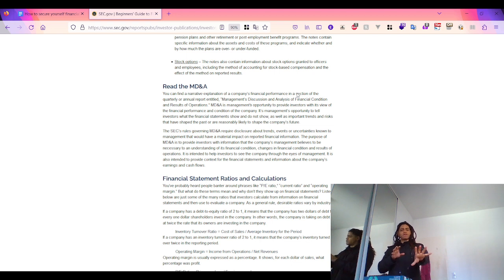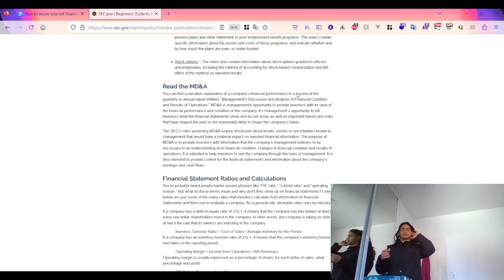They are going to give you insights about the company's trends, the risks that have shaped this company in the past and most likely will in the future, and an opportunity to describe from the management's view the financial conditions and operations.